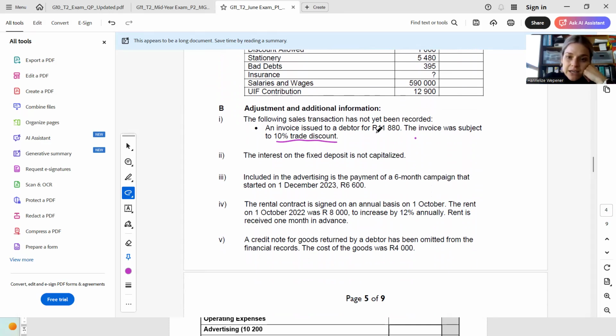So that means that your 11,880 Rand represents 90% of the original selling price that you aimed to get from the customers. No one wanted to buy it at 100% of the selling price. So you said, okay, I will bring it down a bit. I will bring it down by 10%.